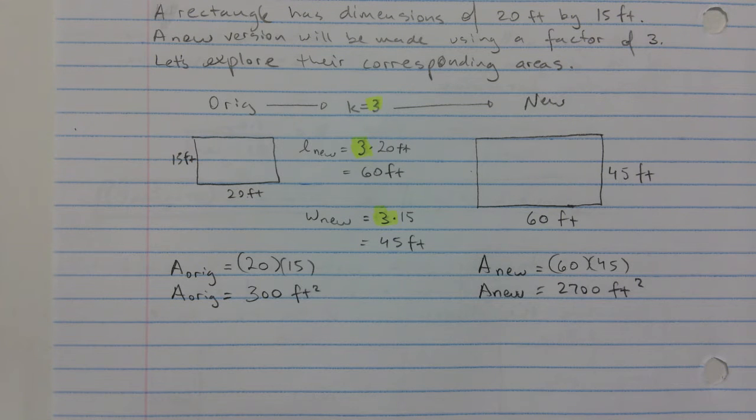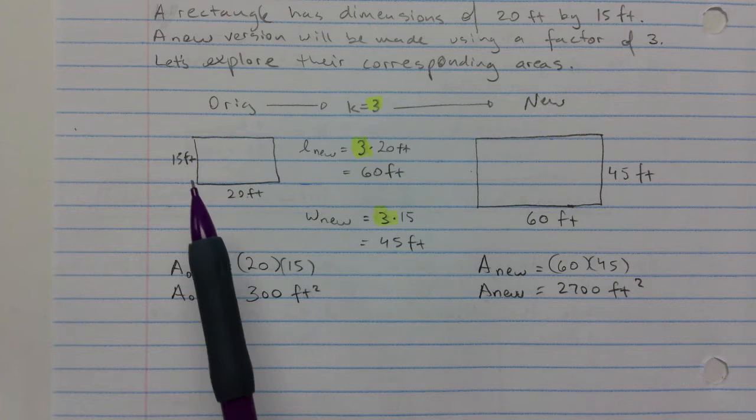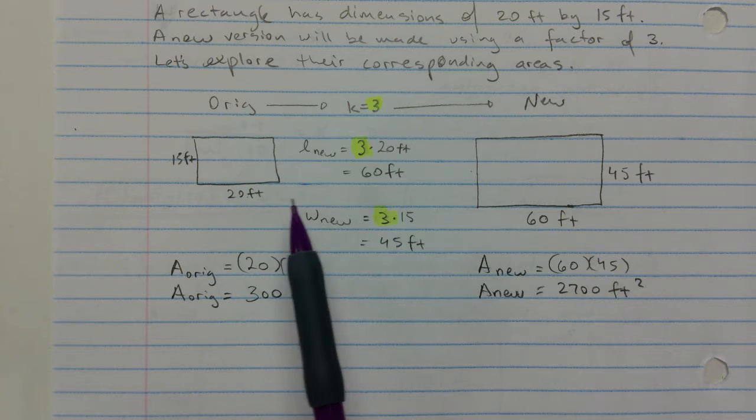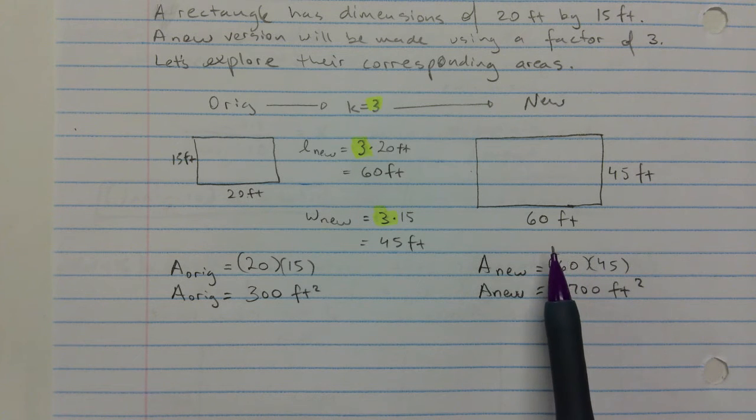You don't need to be a math wizard or a math genius, right, to observe something particular here. Let's just look at the 20 here. To go from the length of the original to the length of the new shape, we can clearly see that it is 3 times bigger, right?